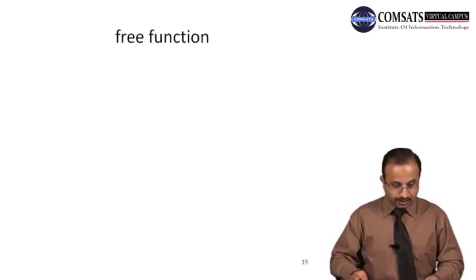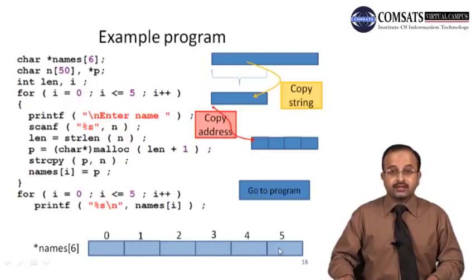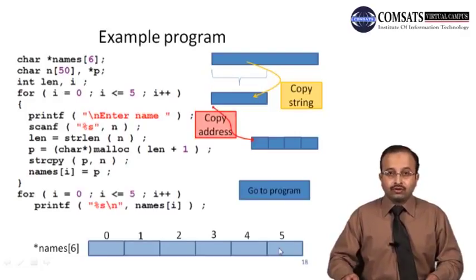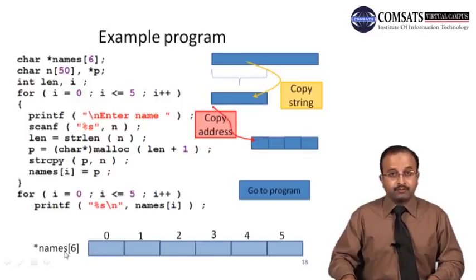Now in the previous slide you can see that this array of pointers, name, contains 1 2 3 4 5 6 addresses of memory, and all that memory is allocated dynamically, that is, using the malloc function. So before exiting from this program, we have to free all this memory whose addresses are contained by the array of pointers name.